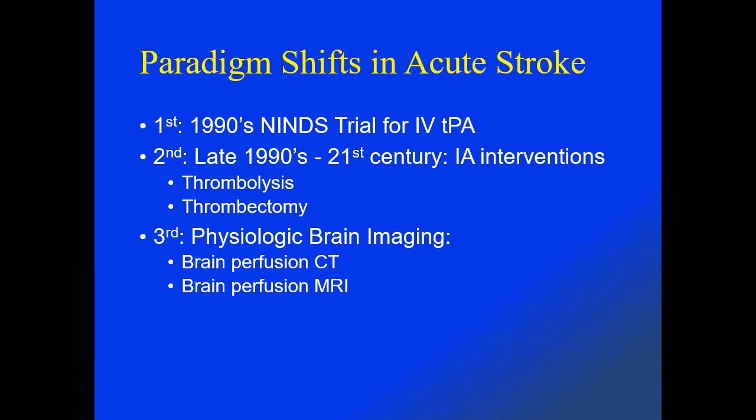The second paradigm shift occurred in the late 90s into the 21st century with intraarterial interventions, initially with thrombolysis, then followed by thrombectomy procedures. The third paradigm shift consists of physiologic brain imaging, either using brain perfusion CT or brain perfusion MRI.